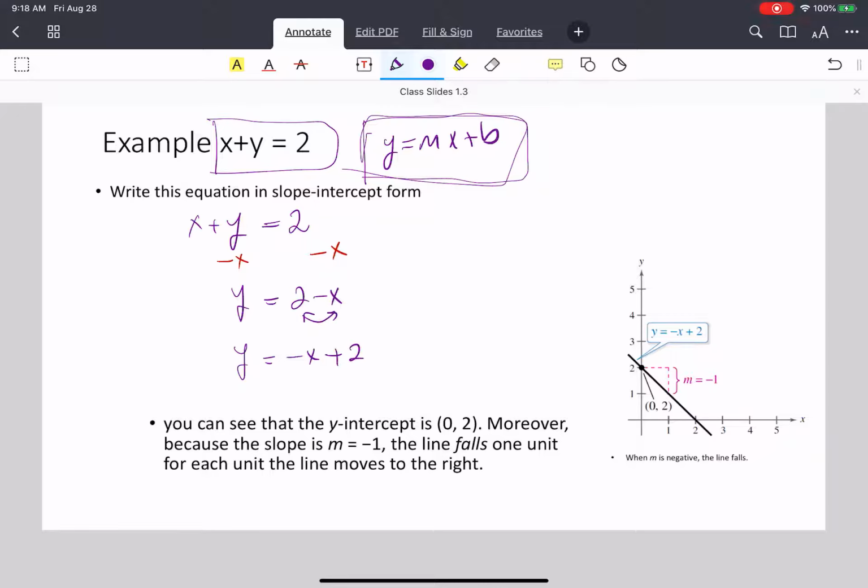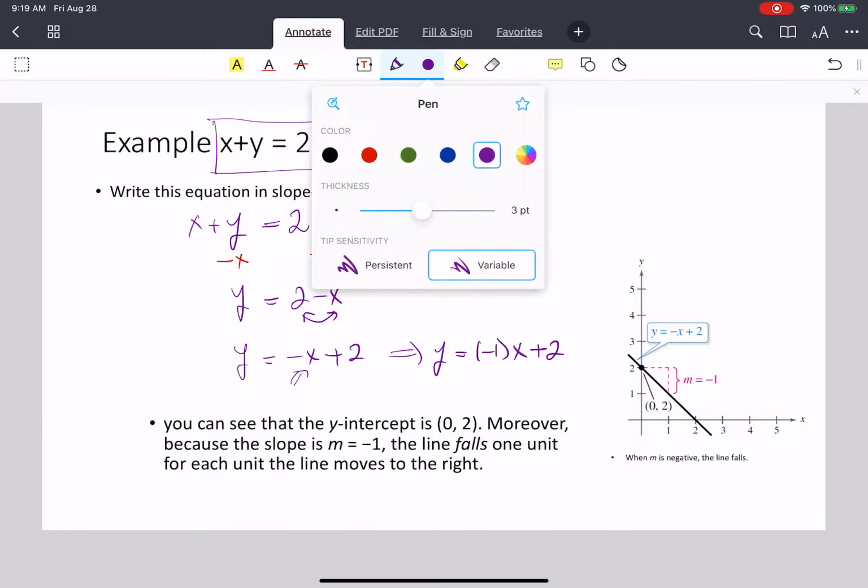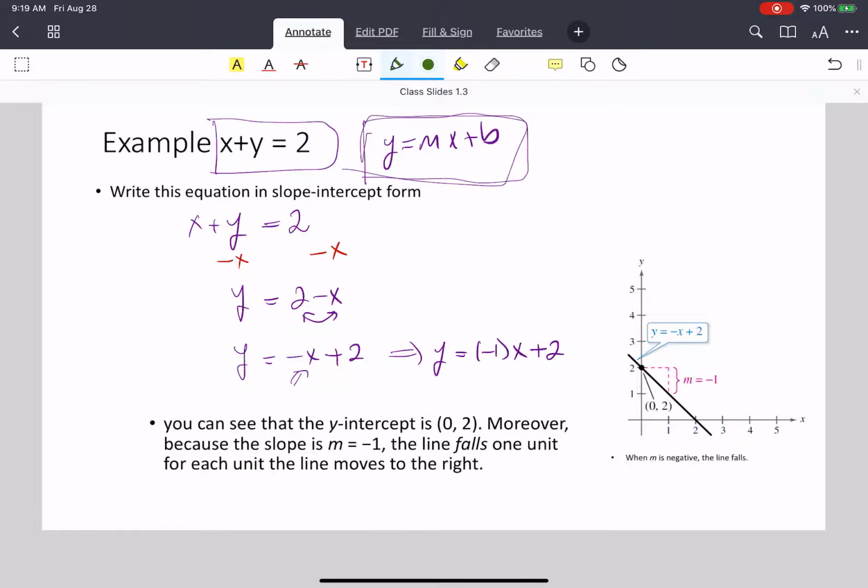Because 2 is positive, I'm just gonna say negative x plus 2. Then what we'll notice here is that because x is negative, I can make it look like y equals negative 1 times x plus 2. So you guys realize this actually looks like the form that I know, mx plus b.